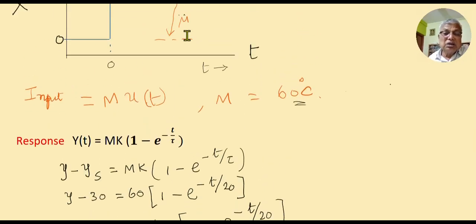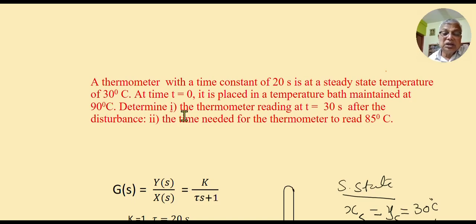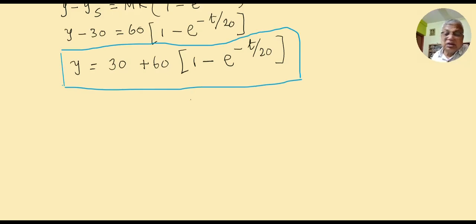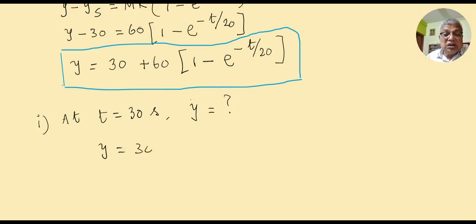Now, there are two questions. One is, what is the thermometer reading at t equal to 30 seconds? So you substitute here: y equals 30 plus 60 into 1 minus e power minus 30 by 20.